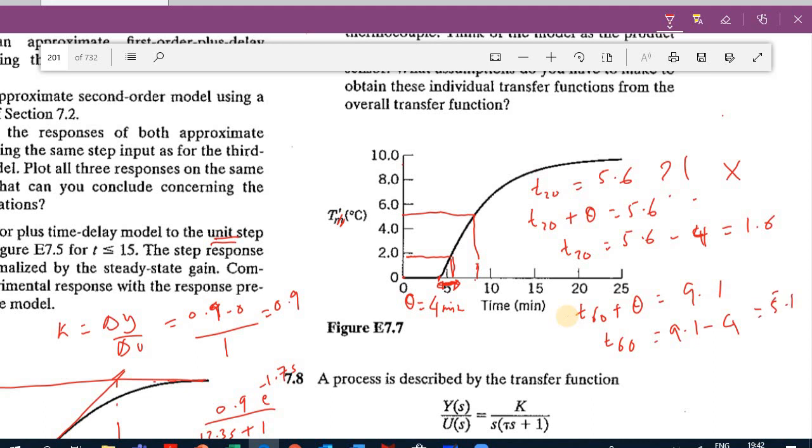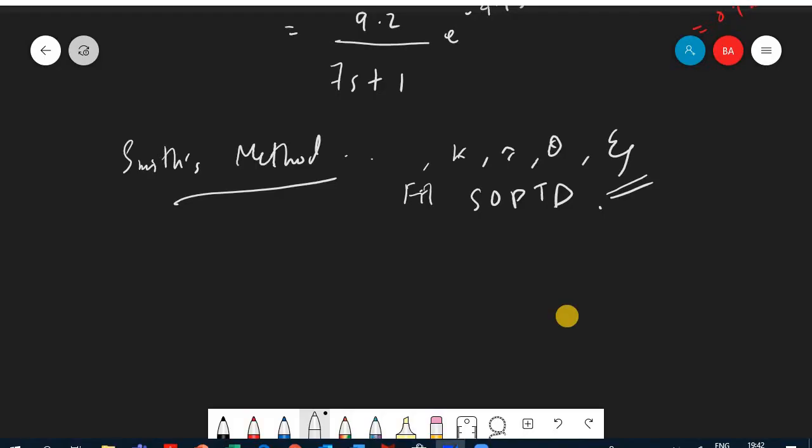So you can see that I already have found T20 and T60. So here I will say that my T20 over T60 is equal to 1.6 divided by 5.1, which is equal to 0.314. So now I have the value of 0.314.